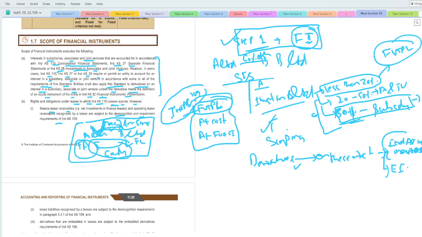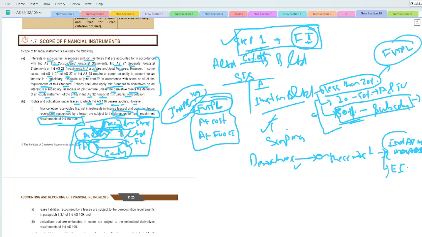So in the financial lease receivables and the operating lease receivables recognized by the lessor, from the lessor's point of view, lessor means A Limited. A Limited is giving the machine, so A is the lessor here. These are subject to the derecognition, so whatever the derecognition rules are there, and for the impairment, Ind AS 109 is applicable.